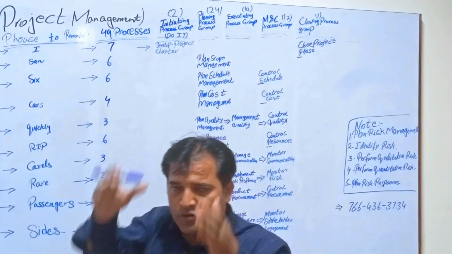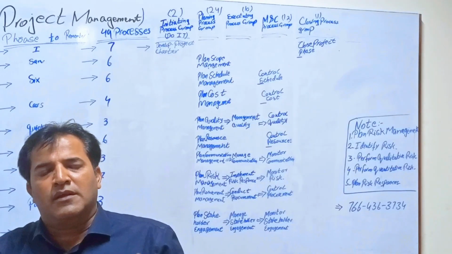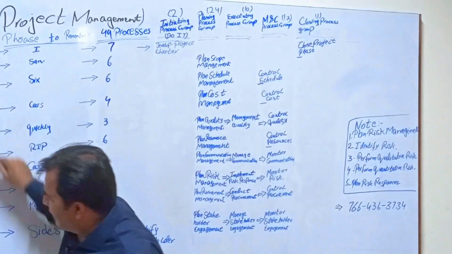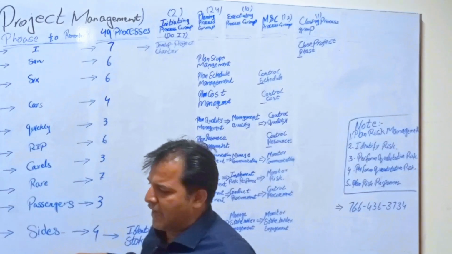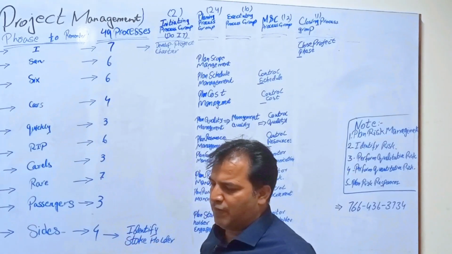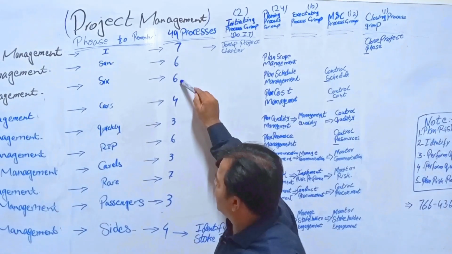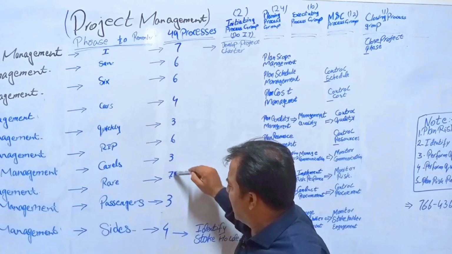There is another distribution, in terms of knowledge areas, which can be remembered as a number: 766 436 3734.